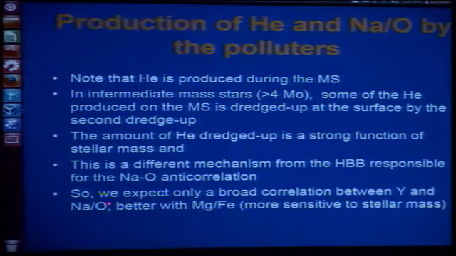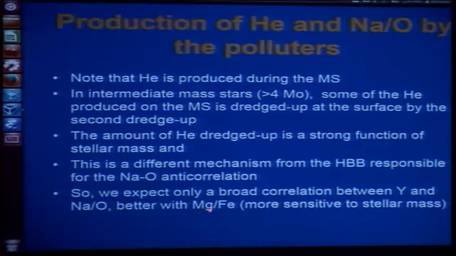On the other hand, magnesium requires higher temperature, so the magnesium-aluminum anticorrelation is only seen when you have stars more massive than 4 solar masses, the same that produce helium. So in this case, the correlation is closer.